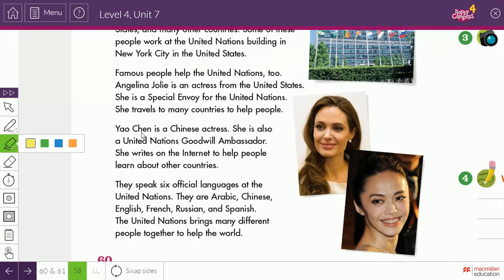For example, let's get back to this paragraph. Yao Chen is a Chinese actress. This is Yao Chen, actress. She is also a United Nations Goodwill ambassador. So Yao Chen is a Goodwill ambassador. What is her job? She writes on the internet to help people learn about other countries.